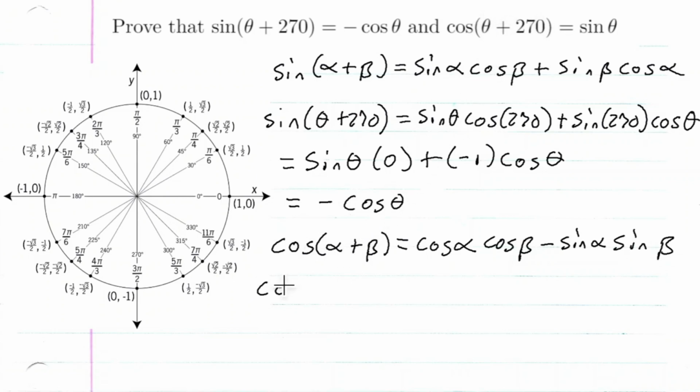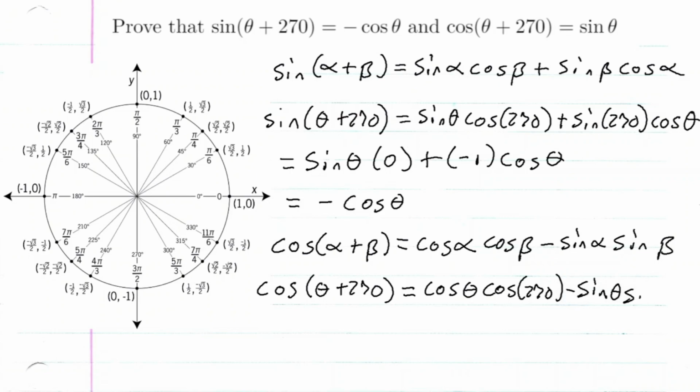So cosine of theta plus 270 is equal to cosine of theta cosine of 270 minus sine of theta sine of 270. All right, this is equal to, so this is just cosine theta.